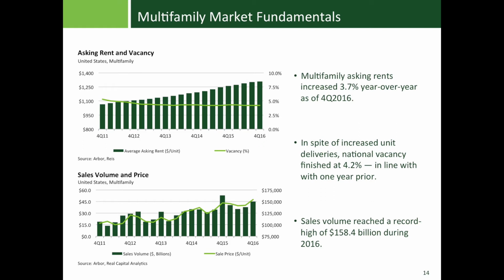If we jump to the next slide, I think what we're going to see, and this is fairly consistent with that larger narrative in the market, is a lot of the investment activity and a lot of the new development activity being in those relatively more urban, high-rise, large properties.